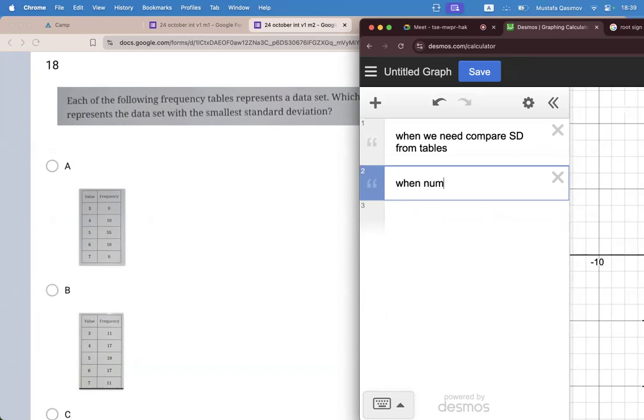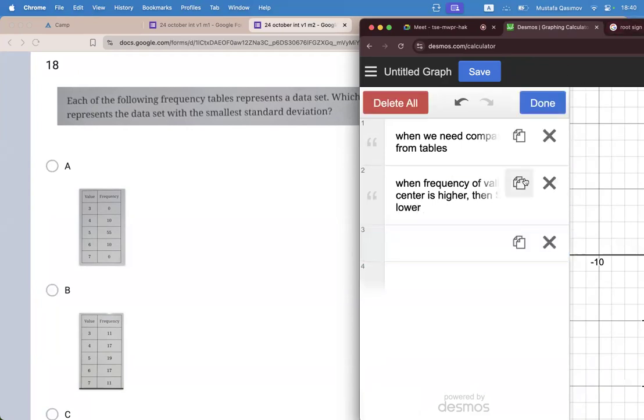When the frequency of the value at the center is higher, the standard deviation will be lower.